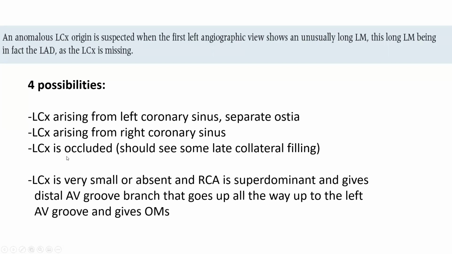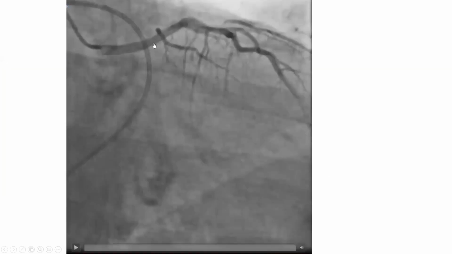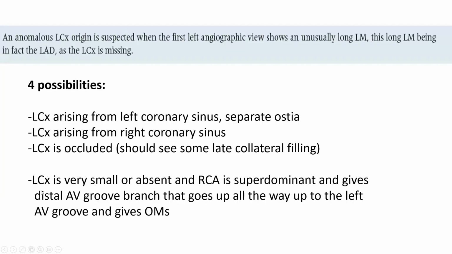Three, the left circumflex is occluded, but in those cases it's a flush occlusion ostially, and you will typically see some collateral filling. Unless that territory is totally necrotic and thin, usually you will see some collateral filling, whether from the LAD or from the RCA.